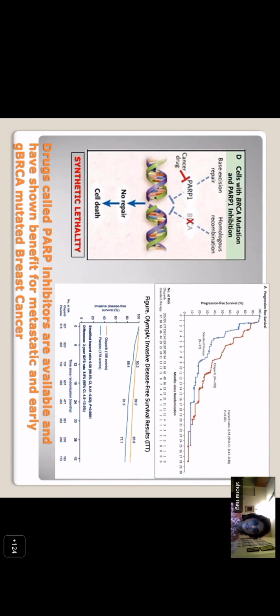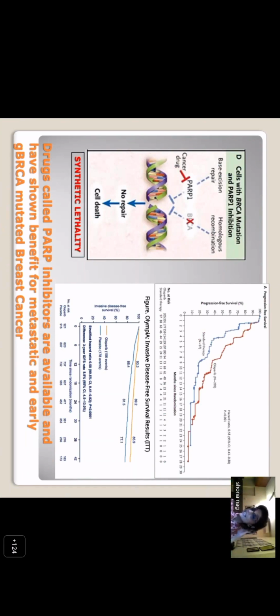And here you can see another cartoon on your left side telling you very nicely base excision repair, which is inhibited by the PARP inhibitor, homologous recombination inhibited because of lack of BRCA, no repair occurring, leading to cell death, and this concept is known as synthetic lethality.